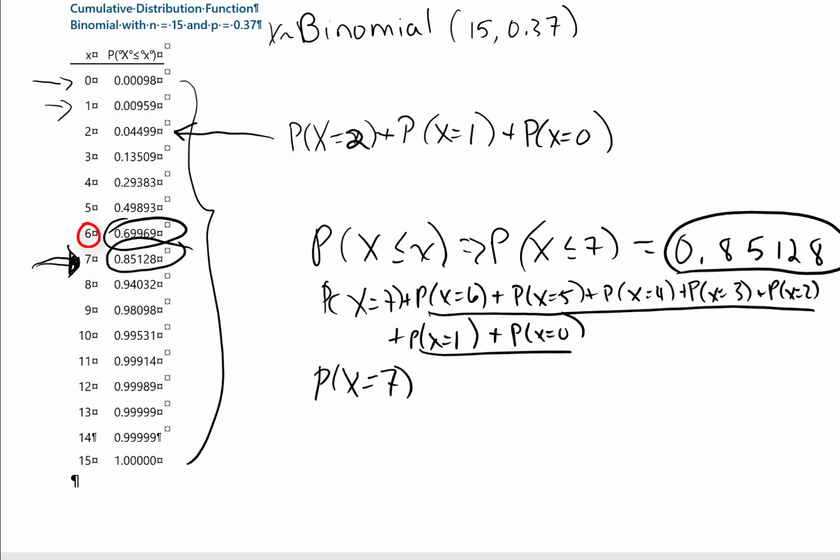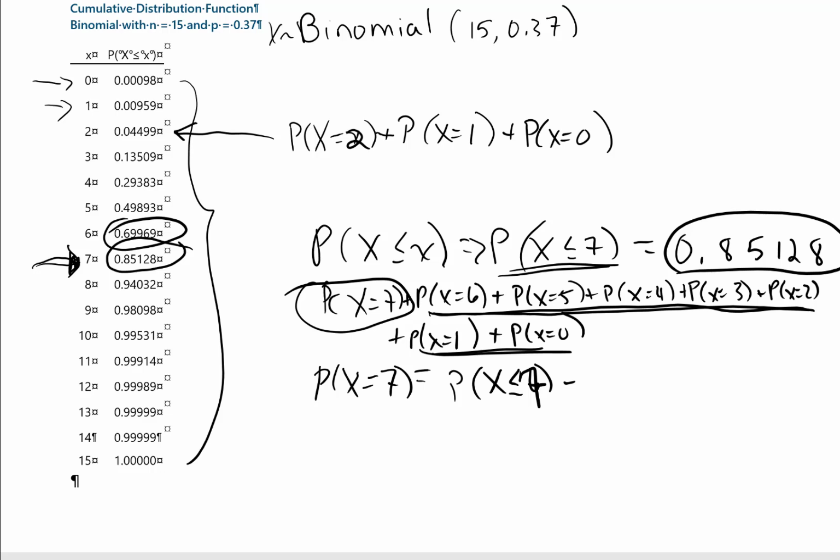So I look to my chart, find the probability of x less than or equal to 7 and subtract from it the probability x is less than or equal to 6, and I'll get the probability that x equals 7.